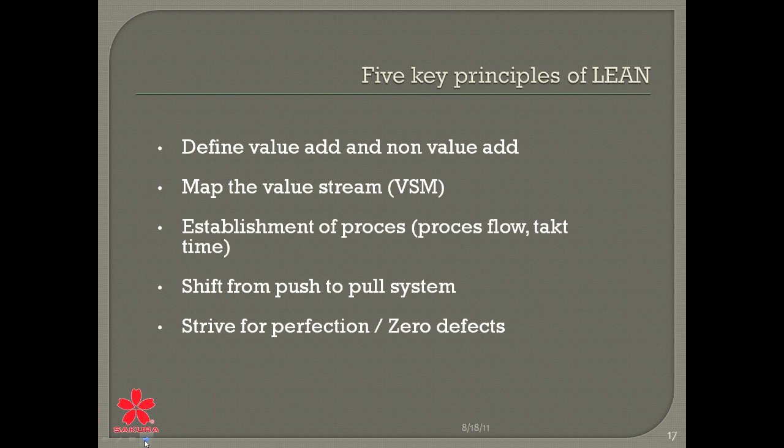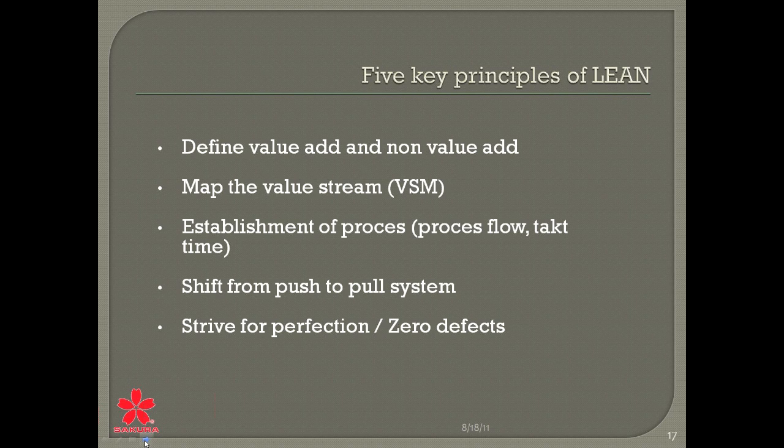There are 5 key principles of Lean, so I will go over it. It's define value add and non-value add. You have to map your value stream, establish process flow and takt time, and shift from push to pull system. A push and pull system is like you have to ask, can I get some biopsy from your registration desk?